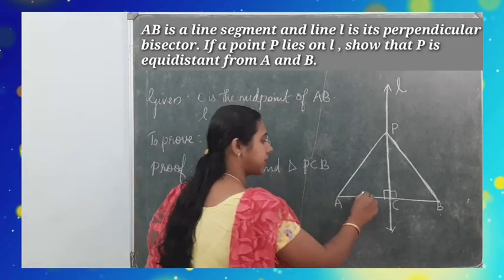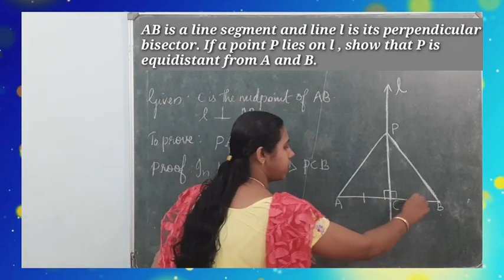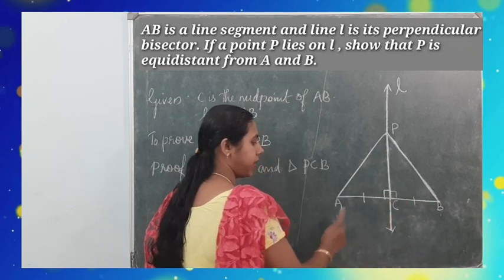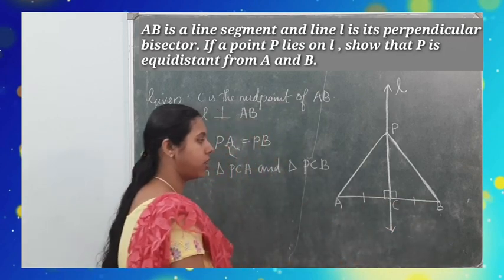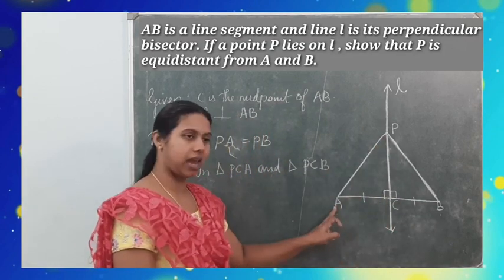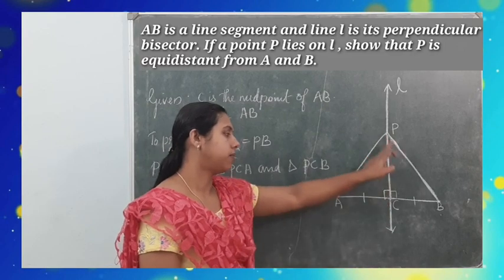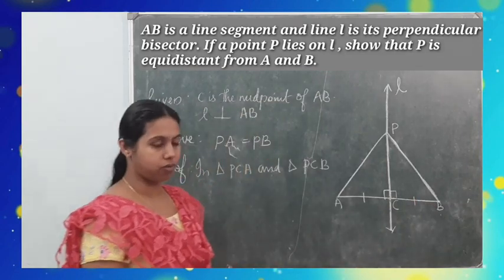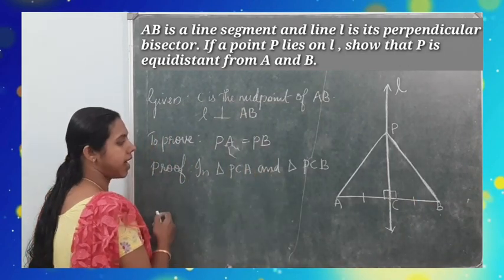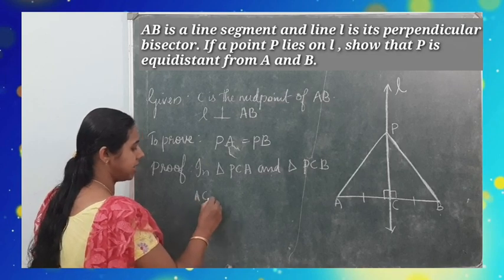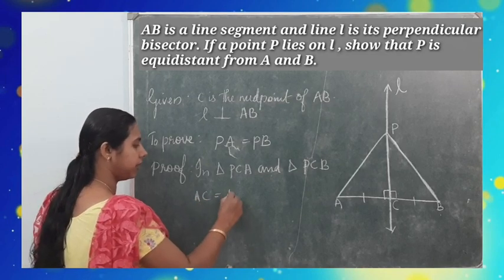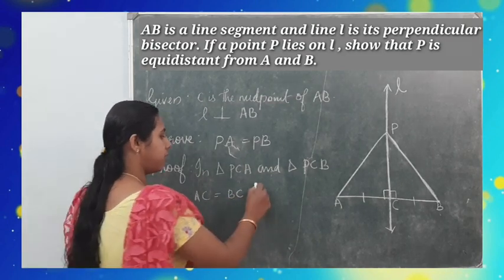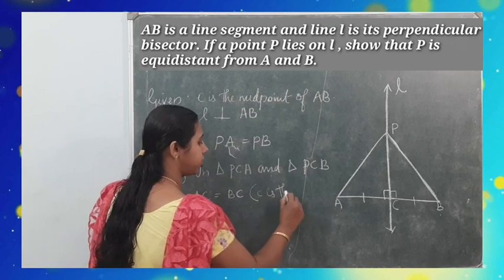That means AC is equal to CB. The line divides the line segment AB into two equal parts. So in triangle PCA and triangle PCB, AC is equal to BC because C is the midpoint.